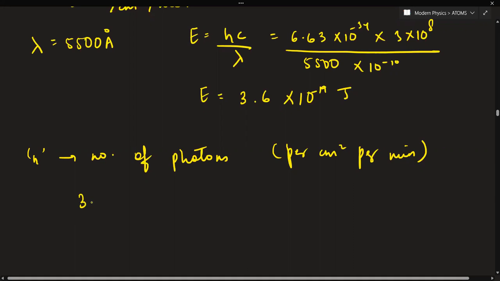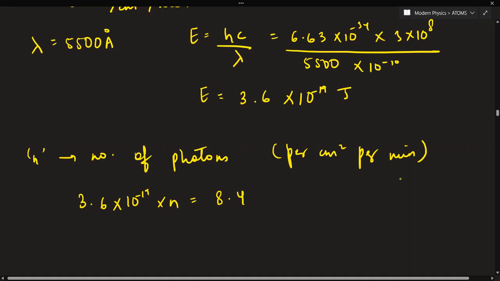So total energy will be n times E, where E is 3.6 into 10 to the power minus 19. This is the energy of a photon received from the sun. If n is the number of photons, you multiply it with E, which equals the total energy received. The total energy received is 8.4 per centimeter square.